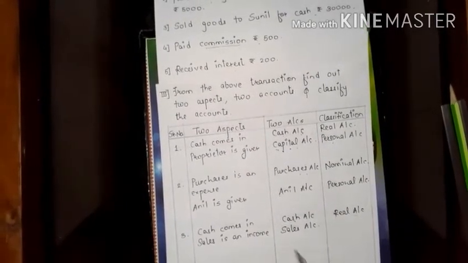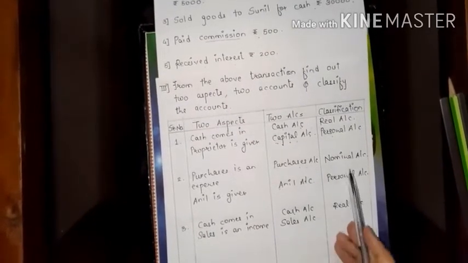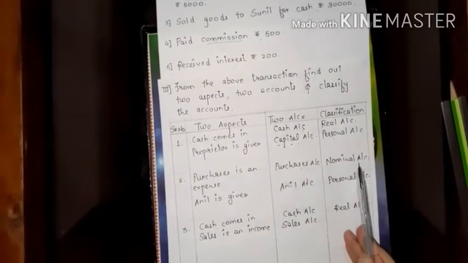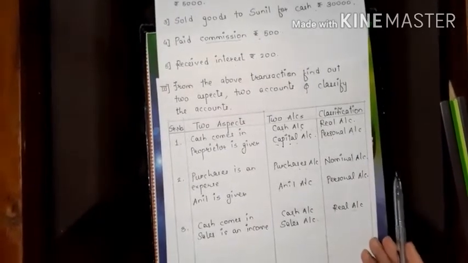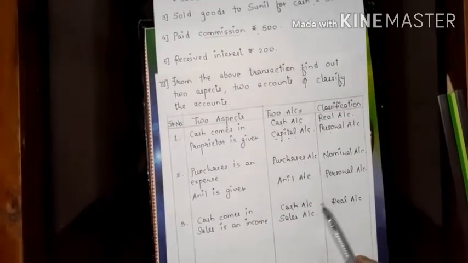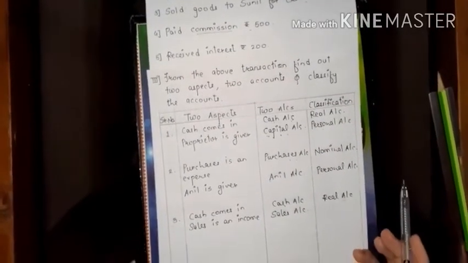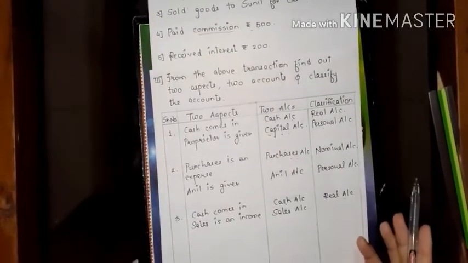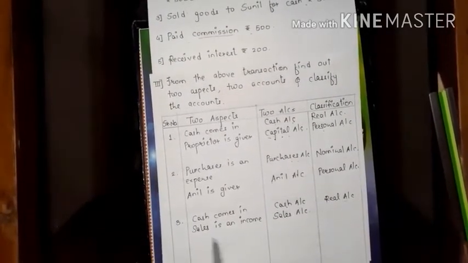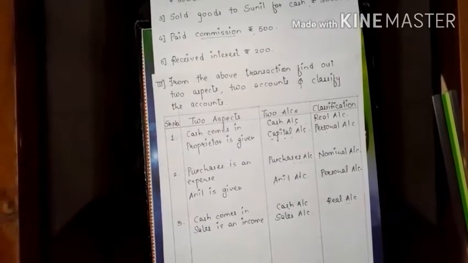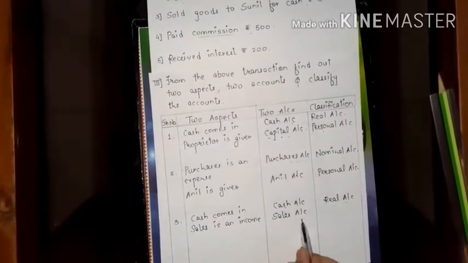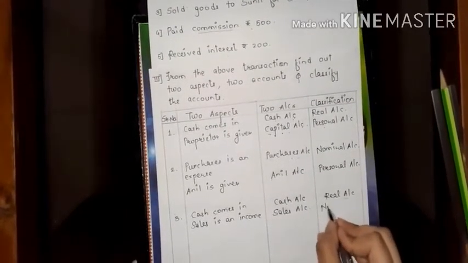Now sales, it is our income. I also told over here nominal account what it indicates: all your expenses and all your incomes. Debit all expenses and losses, credit all incomes and gains. This is the rule of nominal account. We have gained income over here, so this sales account will appear in nominal account.